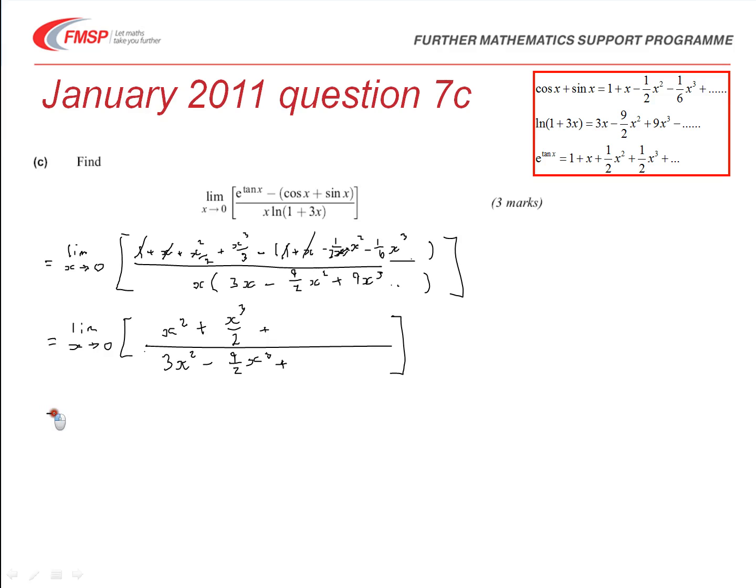So if you remember now, the trick is to give you at least a constant term in the beginning.